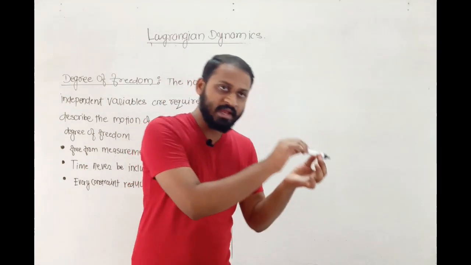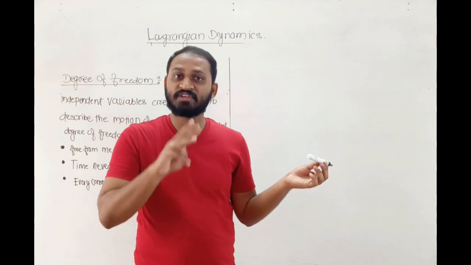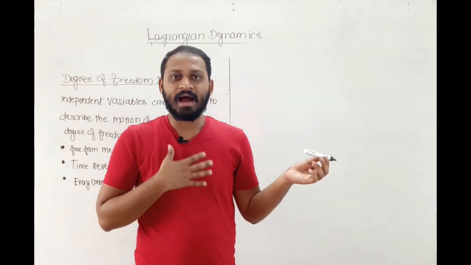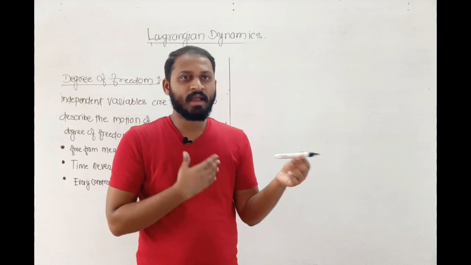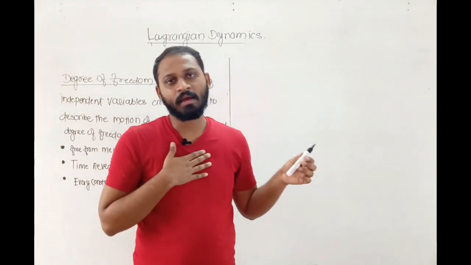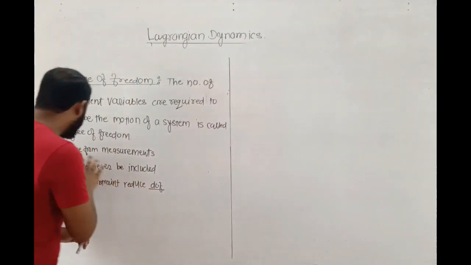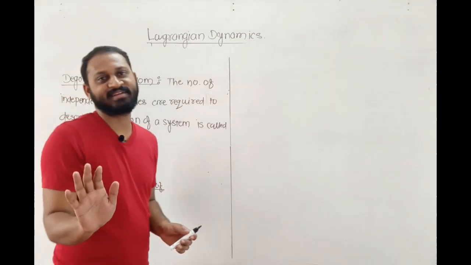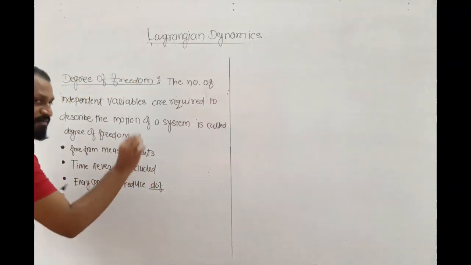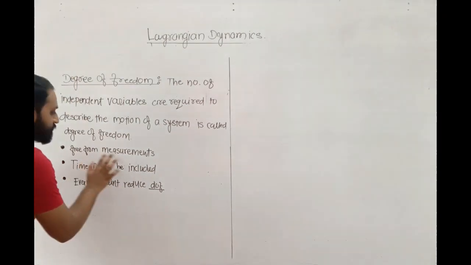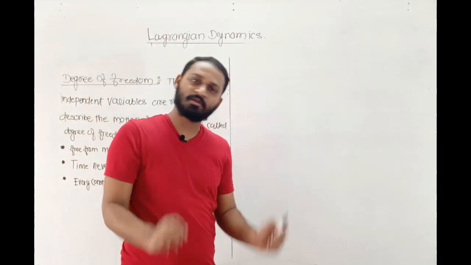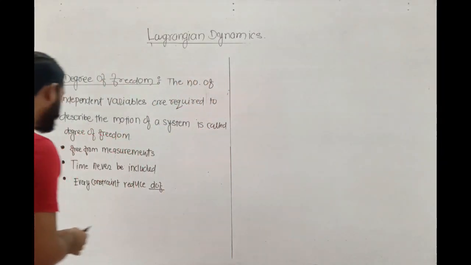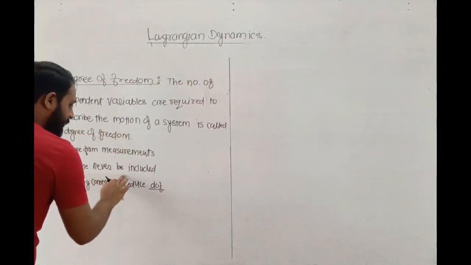That's why the pen and I have the same degree of freedom, but my mass is greater than the pen and the pen's length is smaller than mine. That's why there is no requirement of measurement. The degree of freedom is free from measurement, and time can never be included.